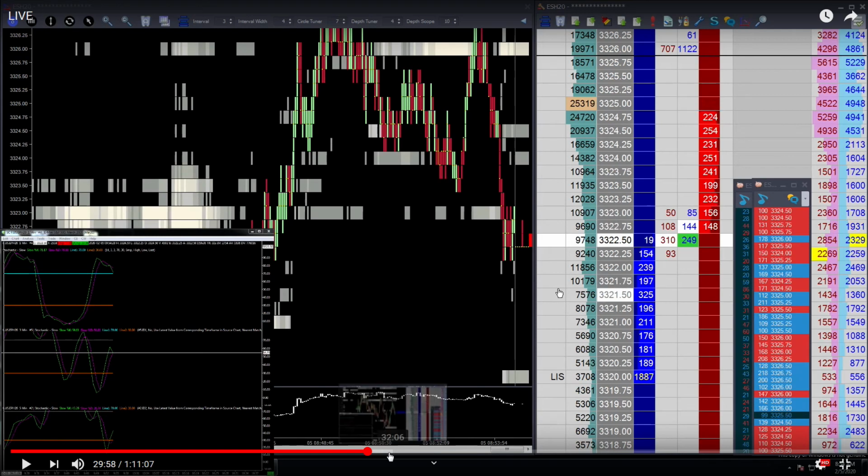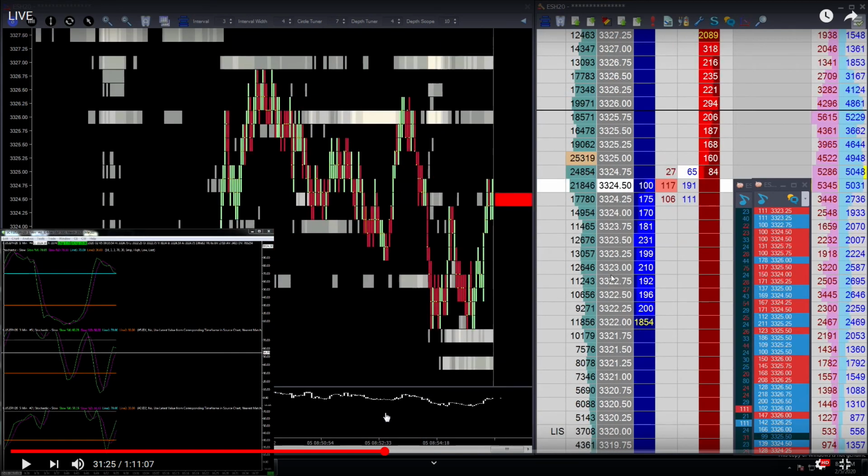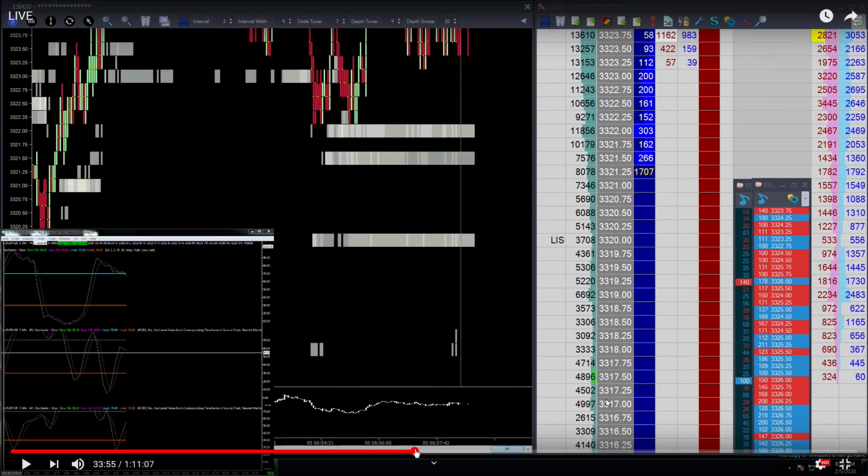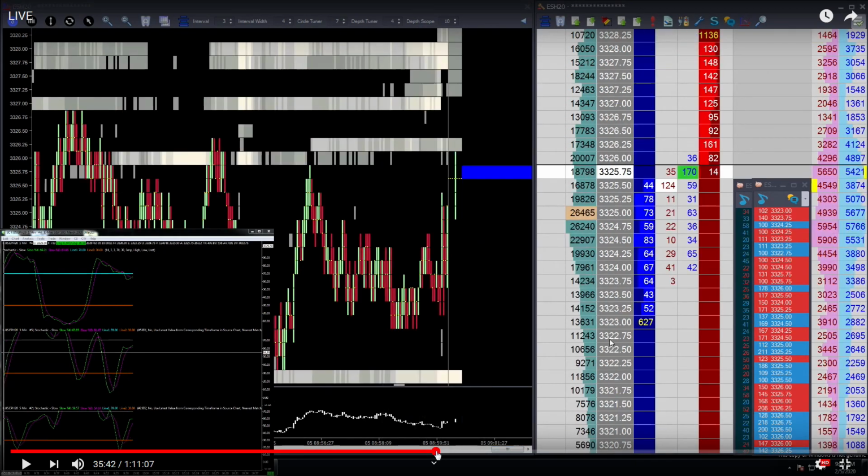Ooh, a dramatic push down right there. Then we come back up into it. So yeah, we're really chopping around it. But yeah, that's that trade. That's how I decided to take that trade. So yeah, I'm gonna cut it off right here.